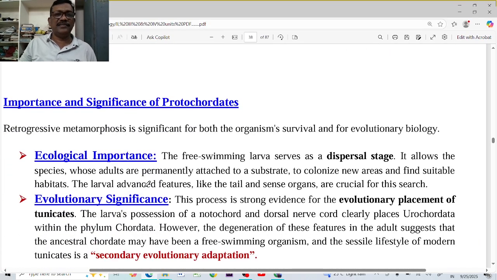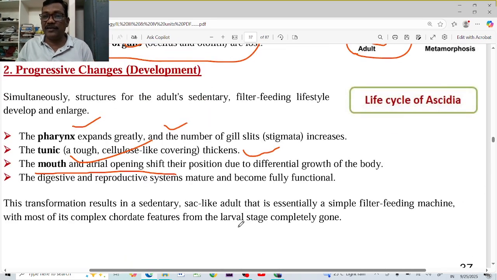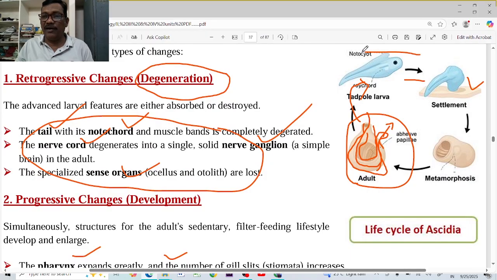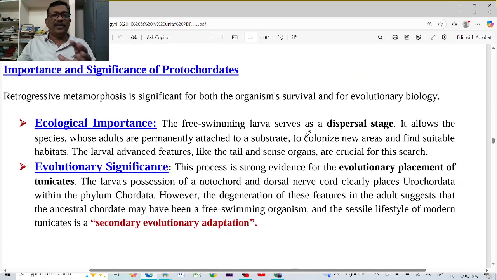An important significance of the protochordate is that these larvae are free swimming animals that can roam in the water. This has a lot of ecological importance because the free swimming larvae serve as a dispersal stage, meaning they can move from one place to another place.